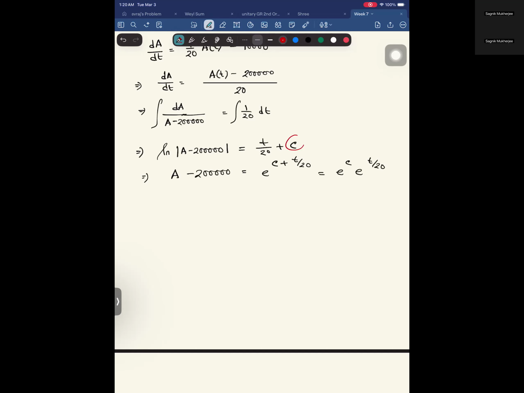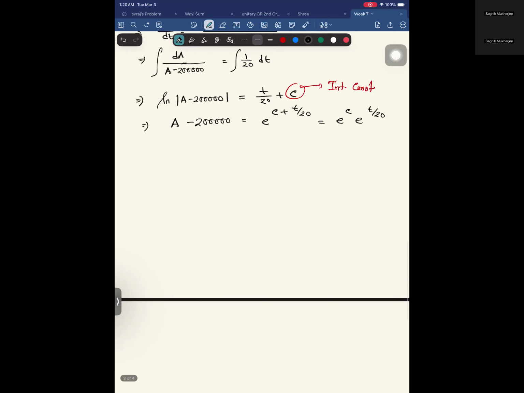Remember that this c is the integration constant, so this is an arbitrary real number. So I will call e^c a new constant c1. So this is c1 e^(t/20) plus 200,000. So this is A, or A(t), right?